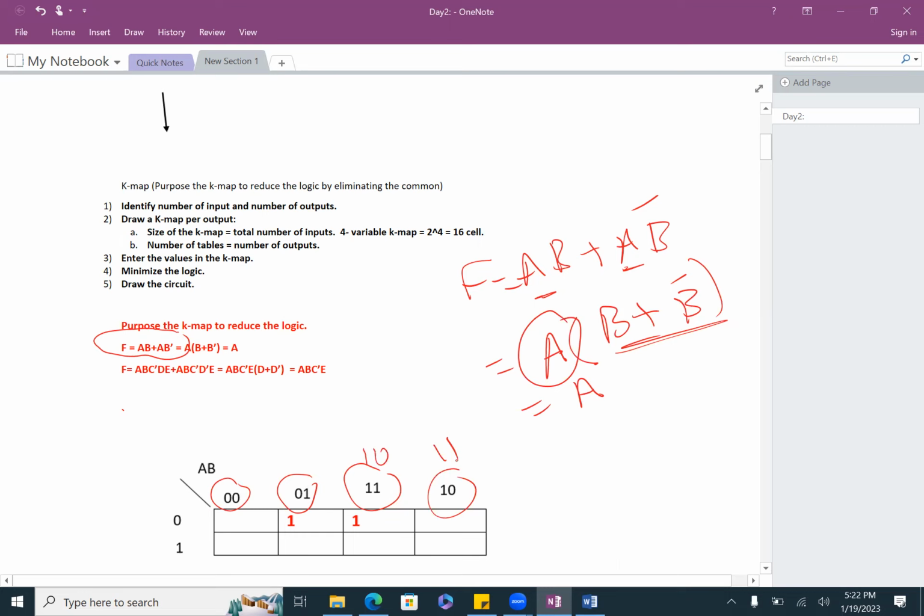The reason is you're trying to change only one bit at a time. So 0 0 changed to 0 1. That means how many digits changed? Only one, correct? Now if you want to move from here to here, you have 0 1, what's changed? Only the 1 here, correct? So we're changing only one bit.